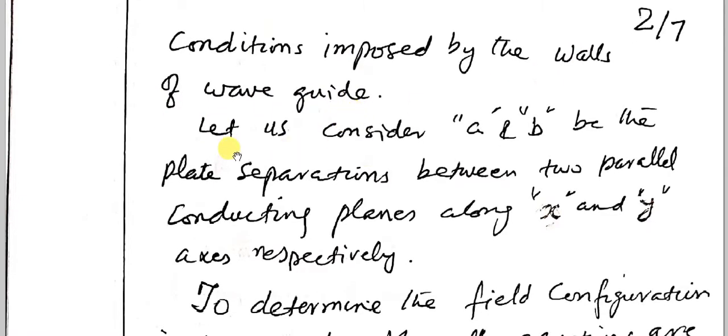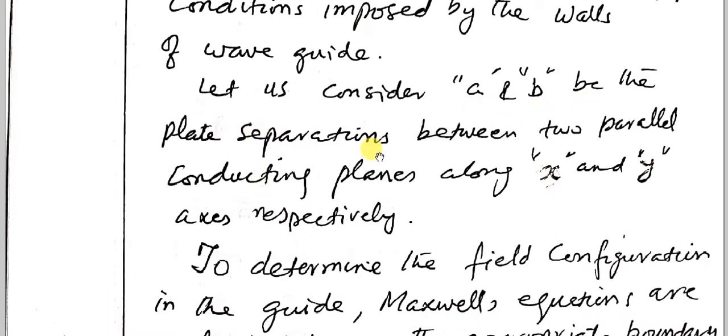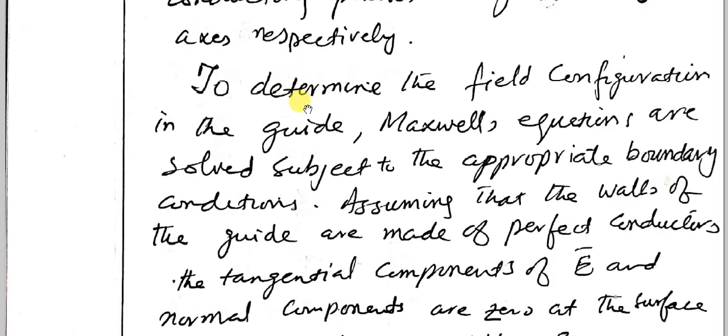Now let A and B be the plate separations between the parallel conducting planes along the x and y axes respectively. To determine the field configuration in the guide, Maxwell equations are solved subject to the appropriate boundary conditions, assuming that the walls of the guide are made of perfect conductors.